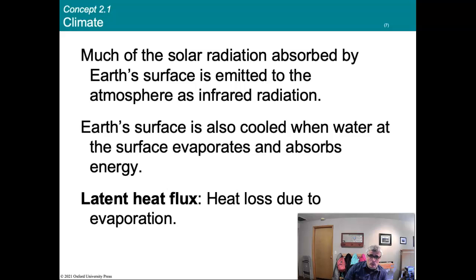The Earth's surface is cooled when water at the surface evaporates and absorbs that energy. And latent heat flux is heat loss due to evaporation. So it takes energy to move liquid water into water vapor, and that energy is absorbed in that state transformation. And that absorption of heat is called latent heat flux.